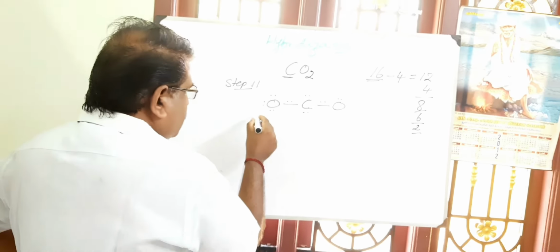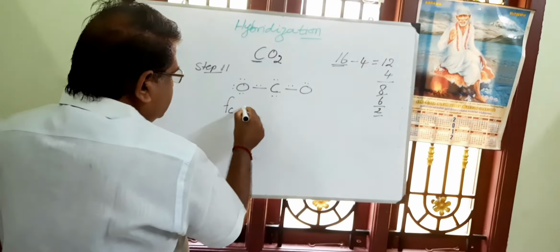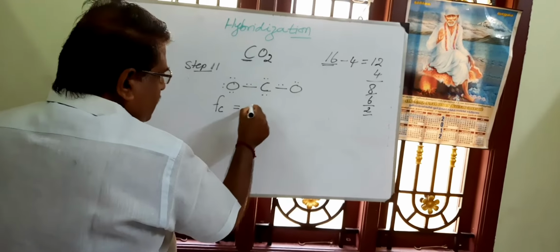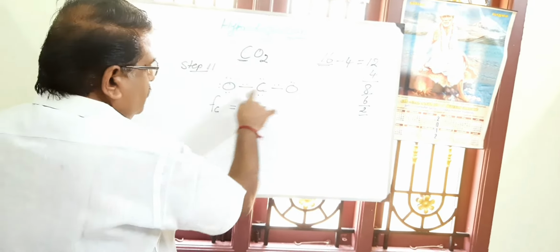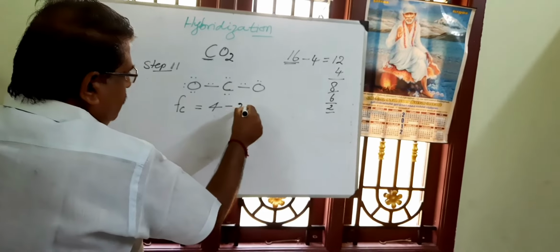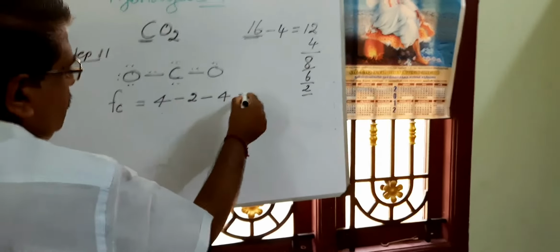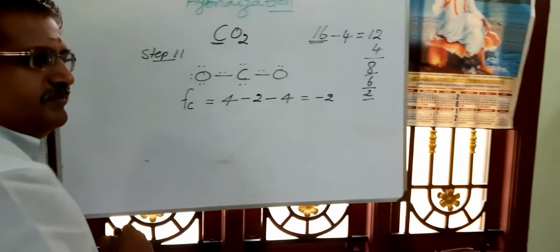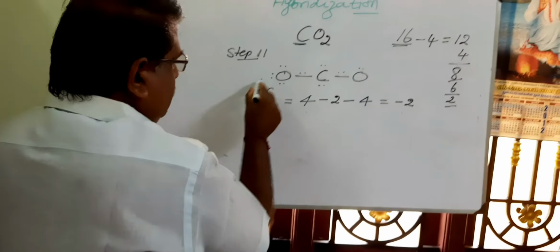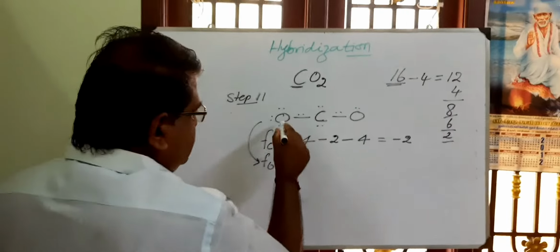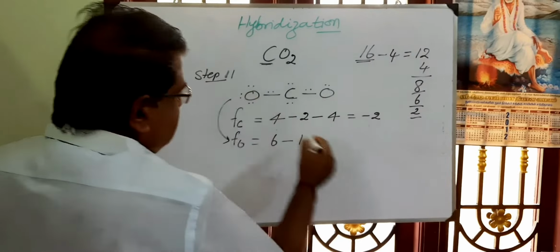Now we can calculate the formal charge for carbon. The formal charge for carbon is equal to the number of valence electrons, 4, minus the number of bonds, 2, minus the number of lone pair electrons, that is 4. So the charge is minus 2. What is the formal charge of oxygen? For this oxygen, valence electrons 6, number of bonds 1, number of lone pair electrons 6.